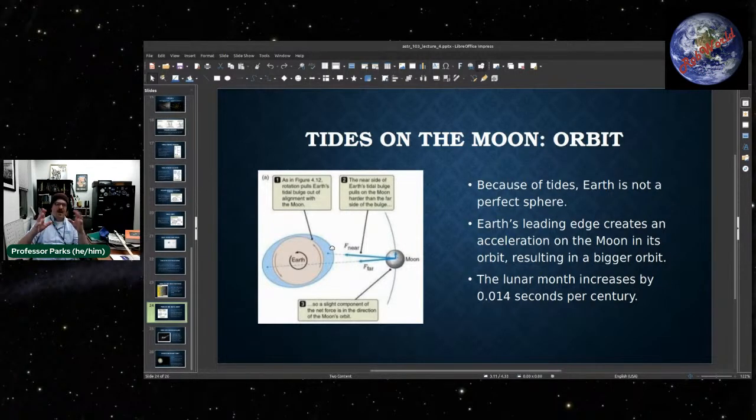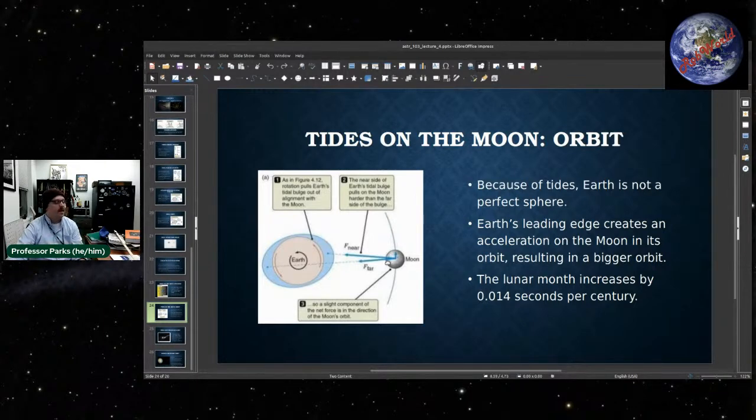If you add up all the forces, essentially the Earth experiences a torque, or turning force, in the opposite direction of its spin, and so it's causing the Earth to slow down as we move on through time.